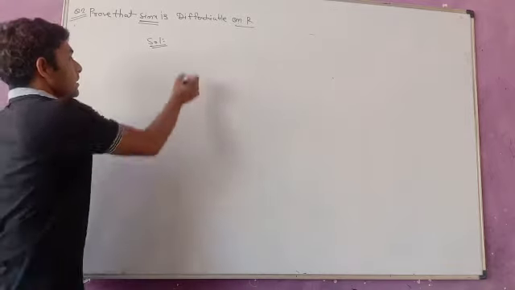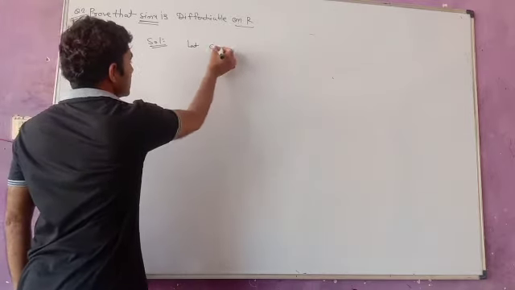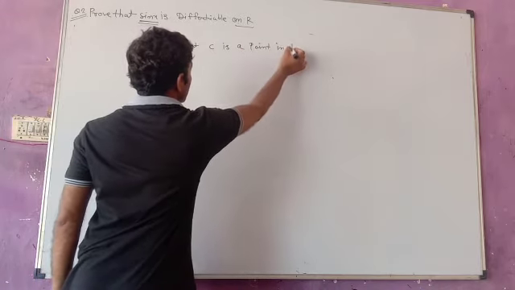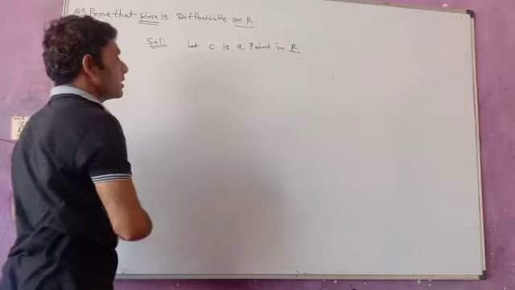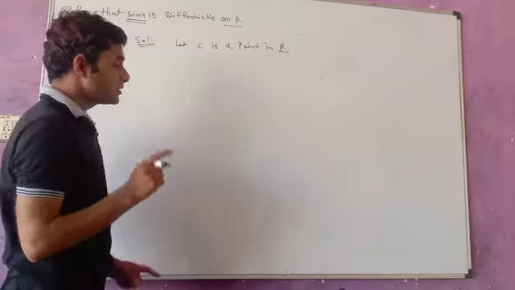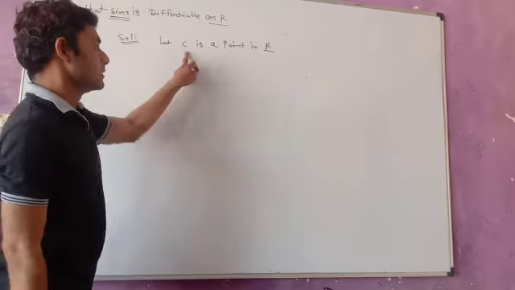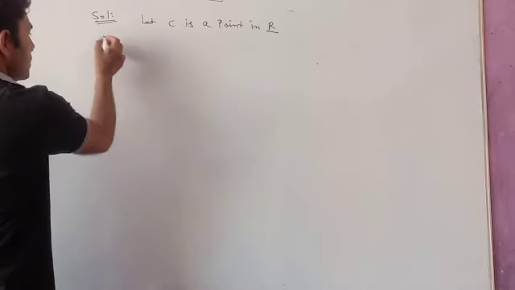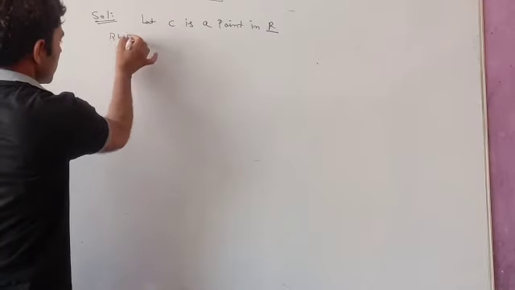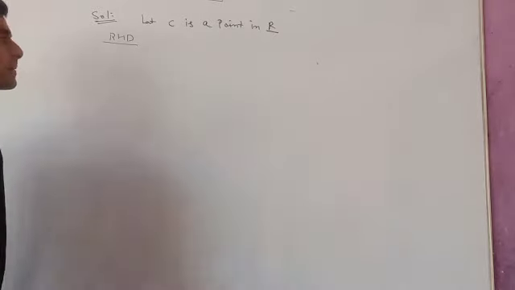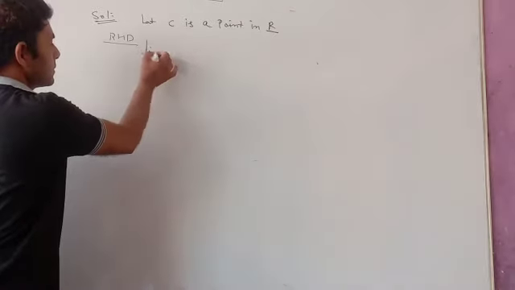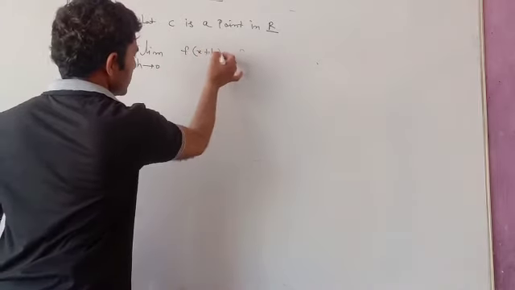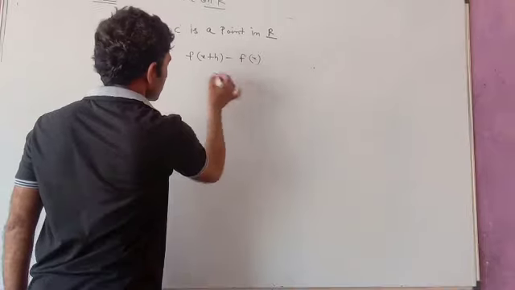Okay, let c be a point in the real numbers. We have to prove sin x is differentiable at the given point c. c is any constant point from minus infinity to infinity, meaning R. First we have to find the right hand derivative. We know that it is limit h tends to 0 of f(x plus h) minus f(x) upon h.